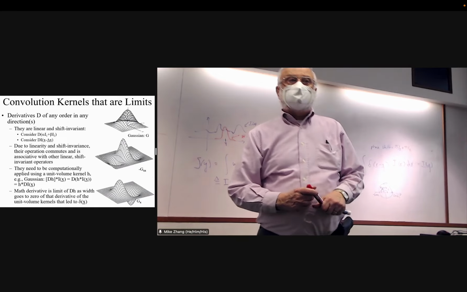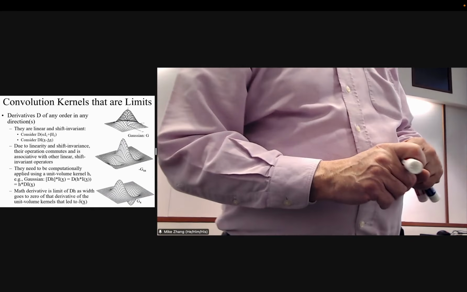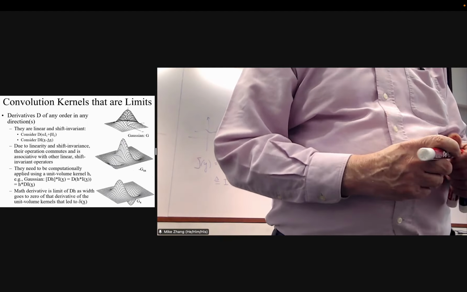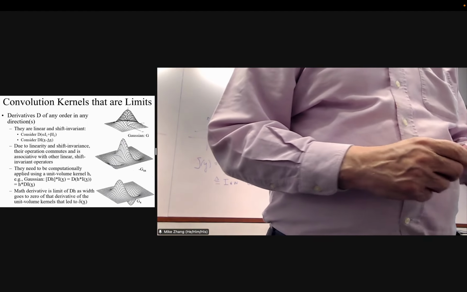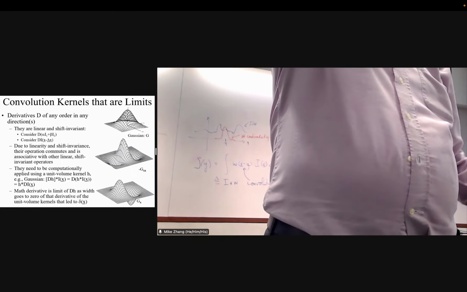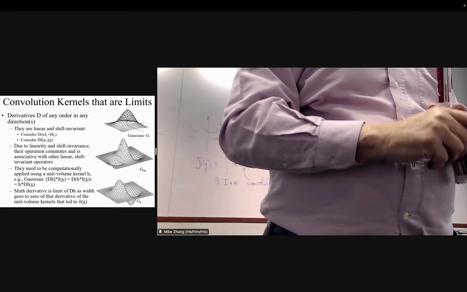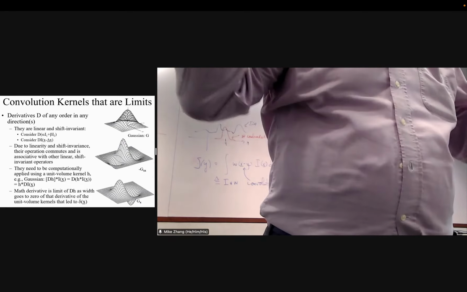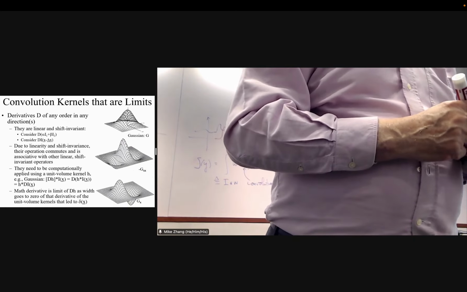Well, this derivative thing that I've been talking about, first derivatives, second derivatives in one direction, applies to any derivative. It applies to all directional derivatives. Right? So if you have a first derivative in some particular direction u, yep, that's shift invariant linear. There must be a kernel associated with it.